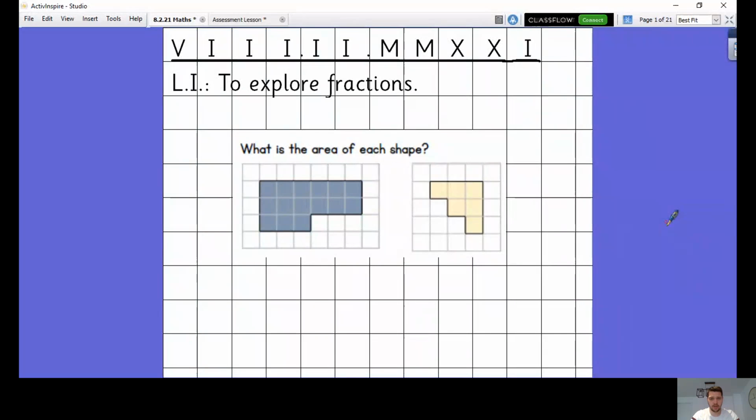As a quick starter, reflecting on our knowledge from last week, can you calculate the area of each of these shapes? So this one should have been a bit easier for us because we do have the squares there. So 1, 2, 3.